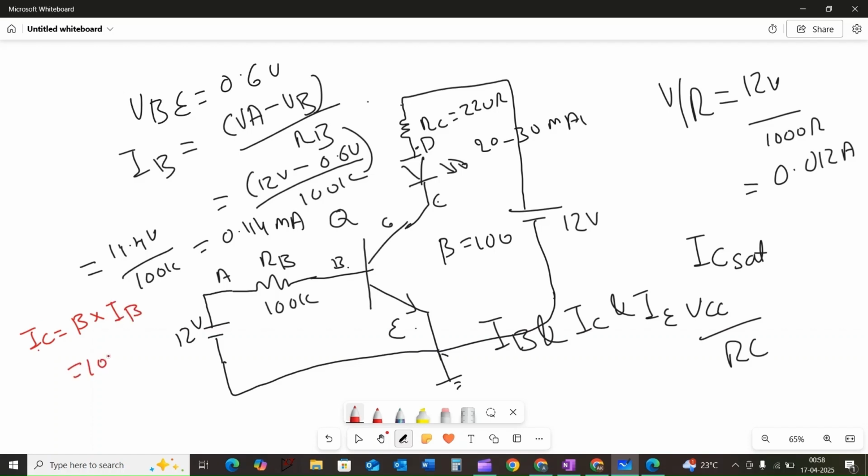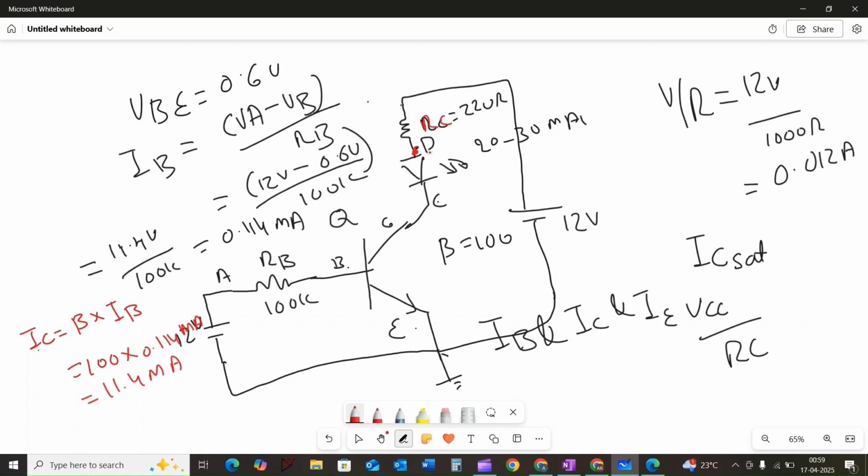So beta is equal to 100 times 0.114 milliamps, which is equal to 11.4 milliamp. Let's calculate the potential at the point D, which is the voltage drop across the resistance RC.